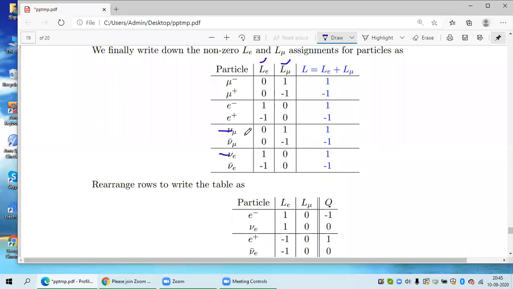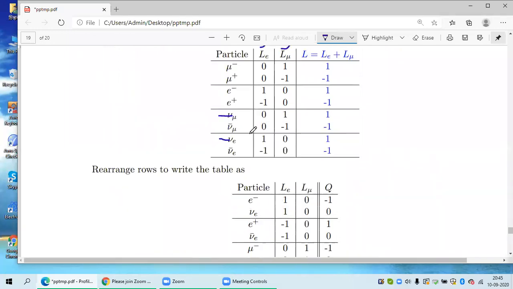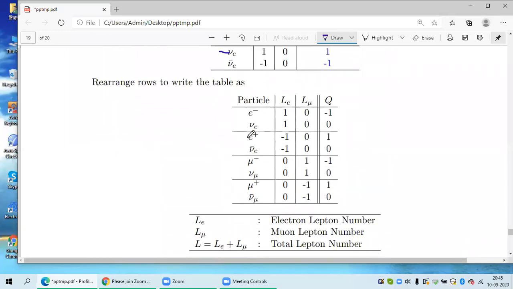If you rearrange this table column, I can write it this way also, the same 8 particles. You just check that this pair: the electron has an Le value, and this particular neutrino also has the same set of Le mu values.